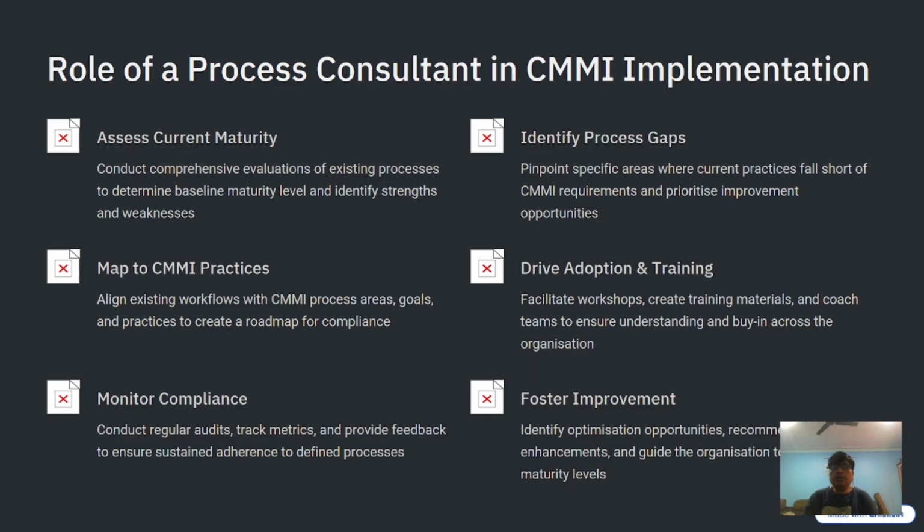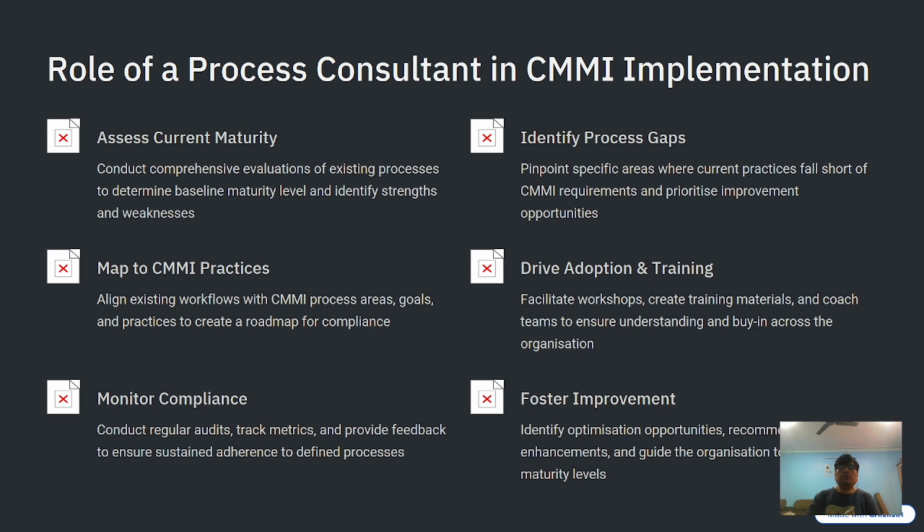Drive adaptation and training. It is not possible that everyone knows what the CMMI level is. It is not possible that everyone is aware of how we have to improve upon the processes and what the way to improve is. So what does the process consultant have to do? Facilitate workshops, create a training plan for the resources, guide them how to do the processes, guide them on the importance of following the processes, and what the outcome of the processes can be in the future.